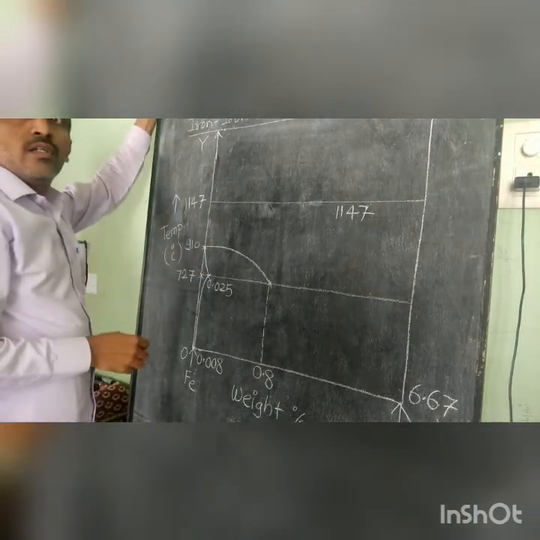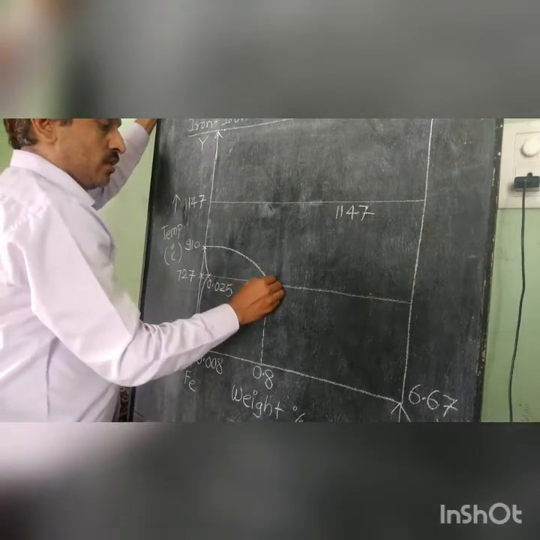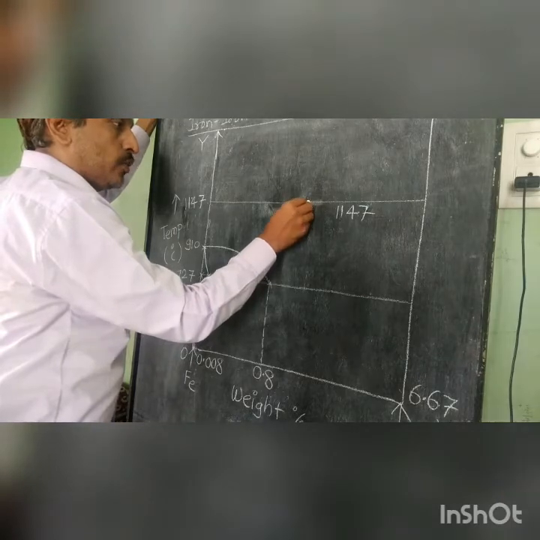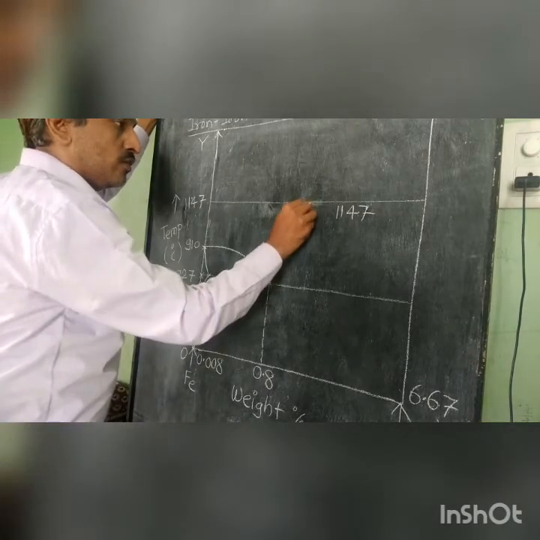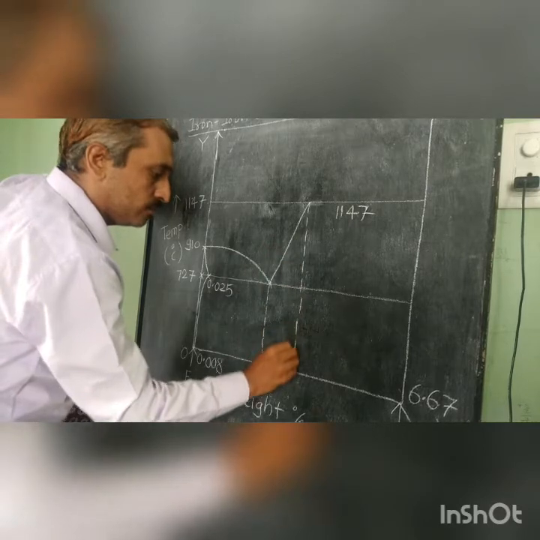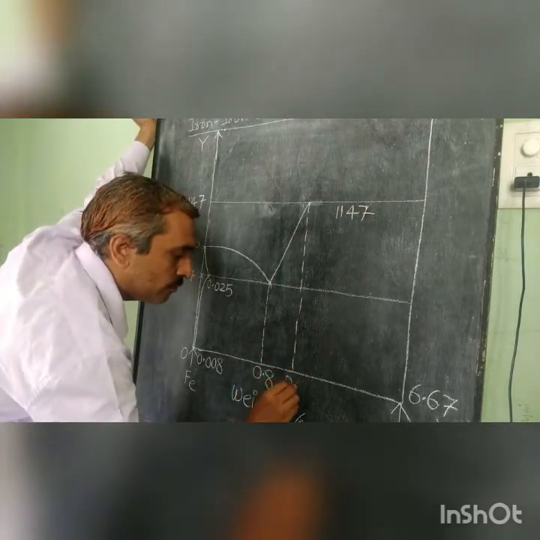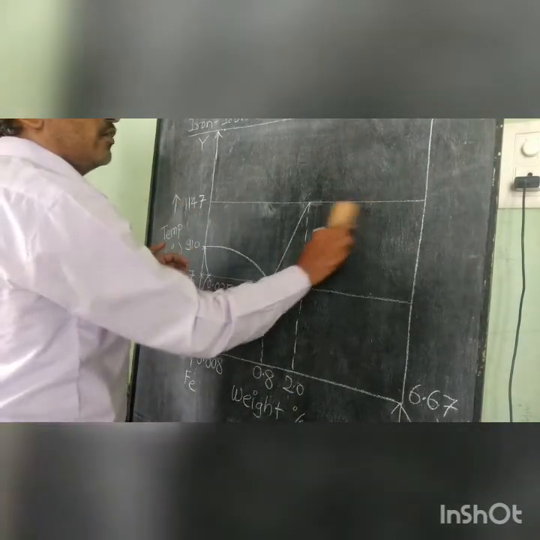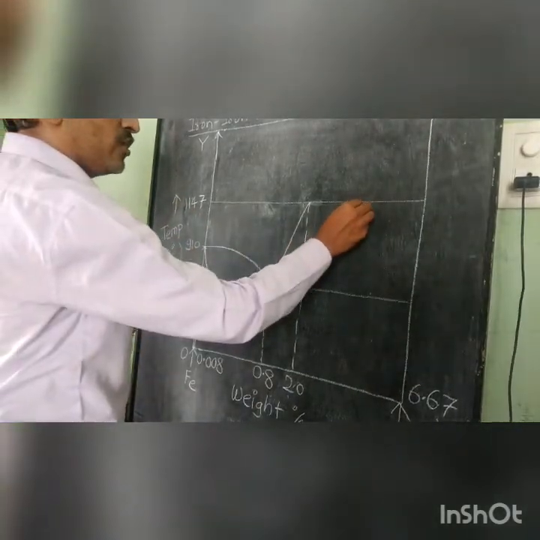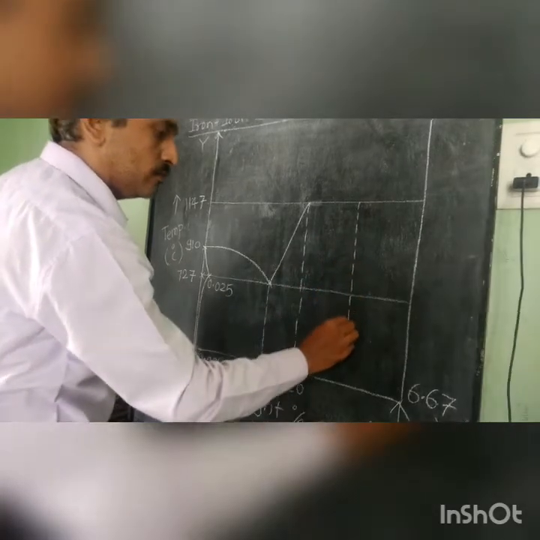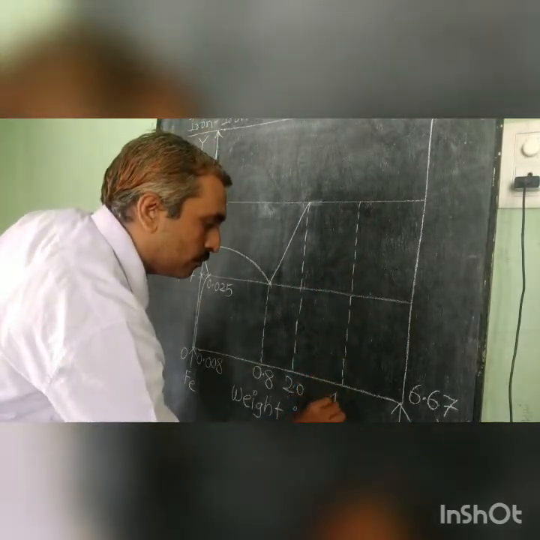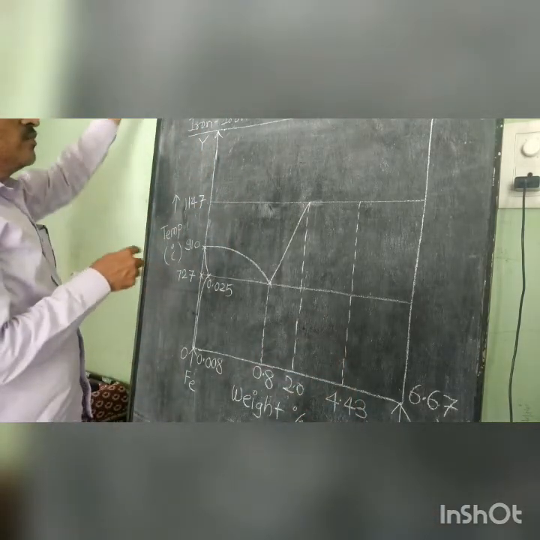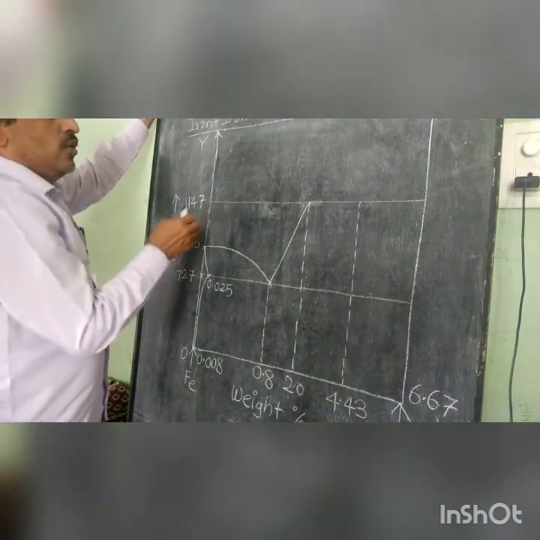From this we can go to 2% carbon. At 1147 only we can have 4.43% carbon.